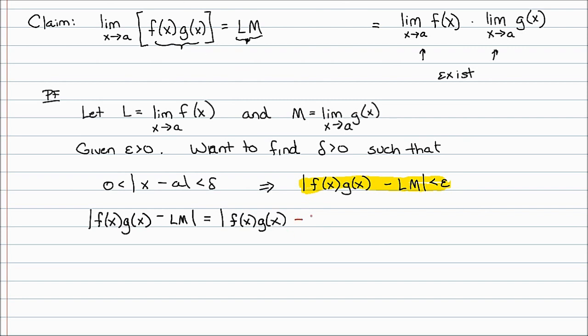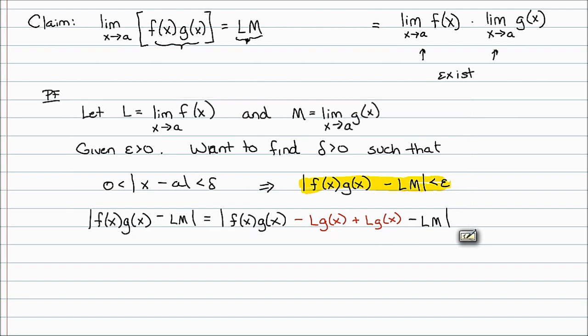I'm going to say minus L times g of x plus L times g of x. So really I'm not doing anything to the inside of that. Let me just tack on the minus LM here. All I'm doing is saying, isn't that the same if we subtract a picture and add the picture back? This is a trick we do in mathematics very often so that we can continue a proof. This will help us out with our proof. In fact, it will help us create a triangle law identity.